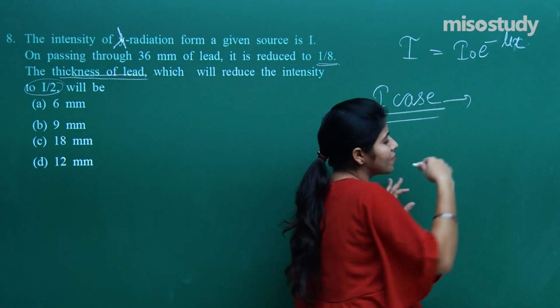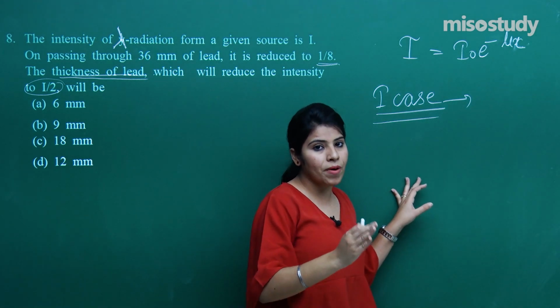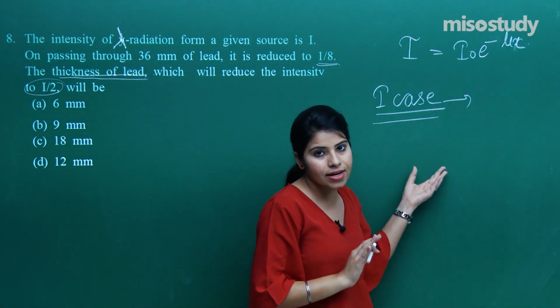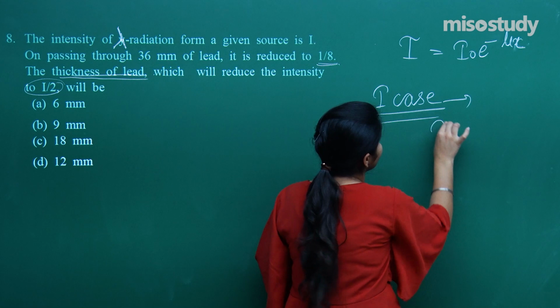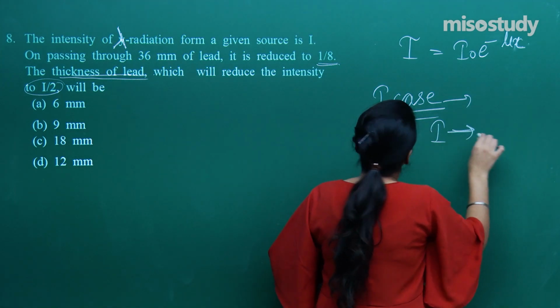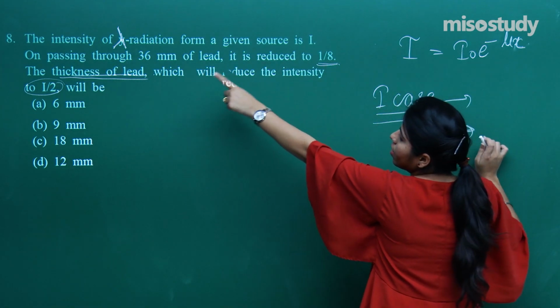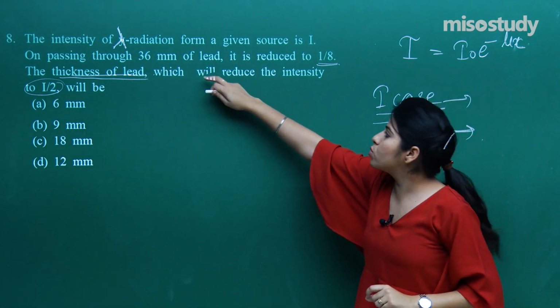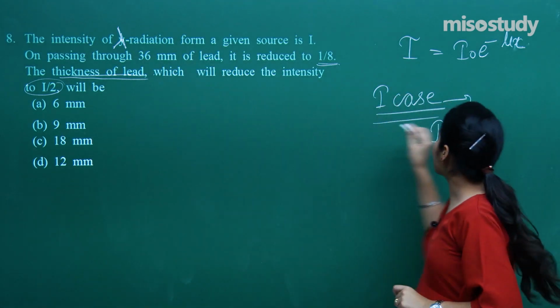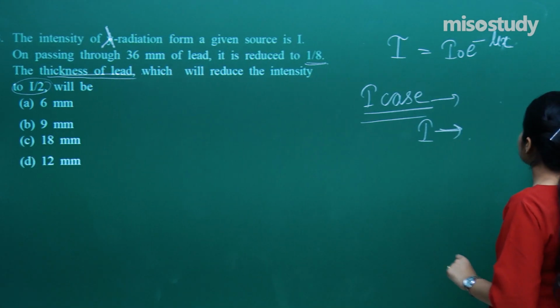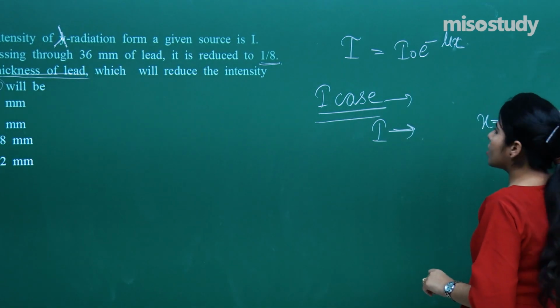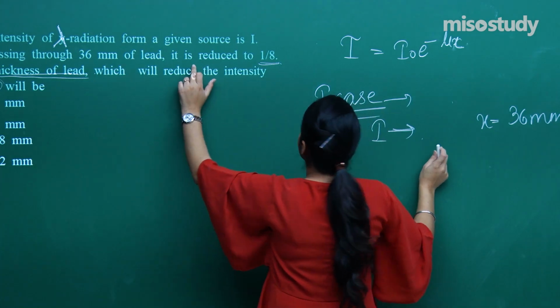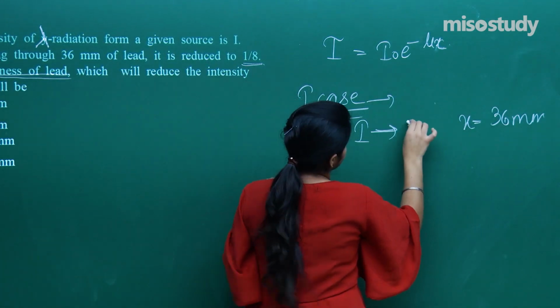we will be doing this question in two parts, as the first case and the second case. In the first case, I have been given that the intensity was earlier I, but when it is passing through this mm of lead, that means your x has been given as 36 mm, so your I will be reduced to 1/8.